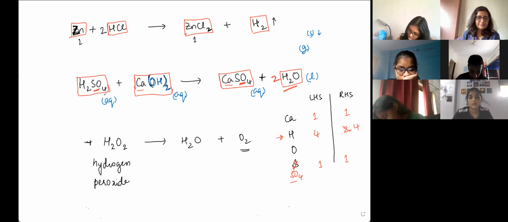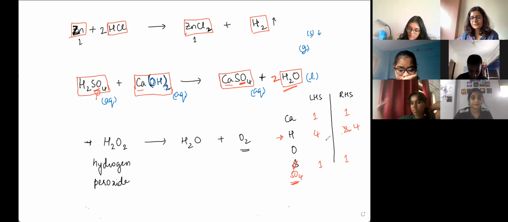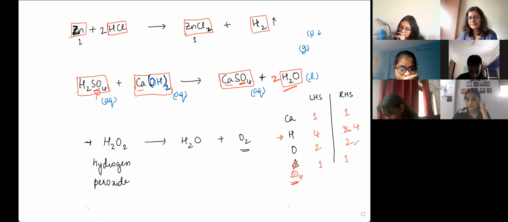Now check oxygen. We should not count this oxygen because it has already been counted in the sulfate. So here 2 oxygens. Then on the RHS, we'll count only the oxygen of water, 2 oxygens. This is also balanced. So this would be the balanced equation.